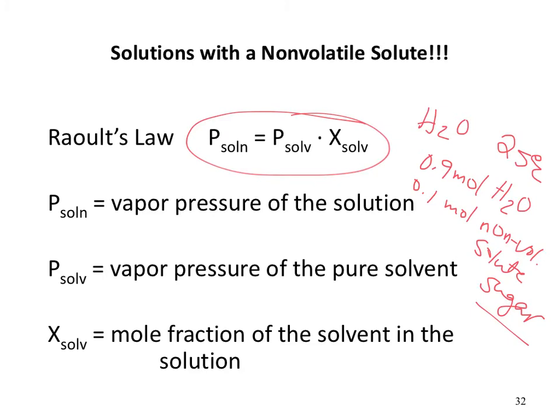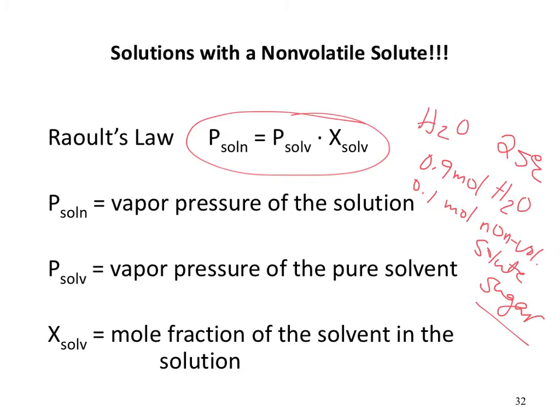Now, if you compare this to, let's say, the vapor pressure of pure water at a specific temperature, in this case 25 degrees Celsius, pure water is approximately around 23 torr or so.